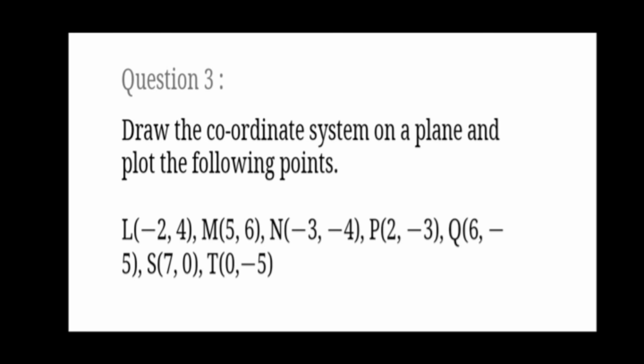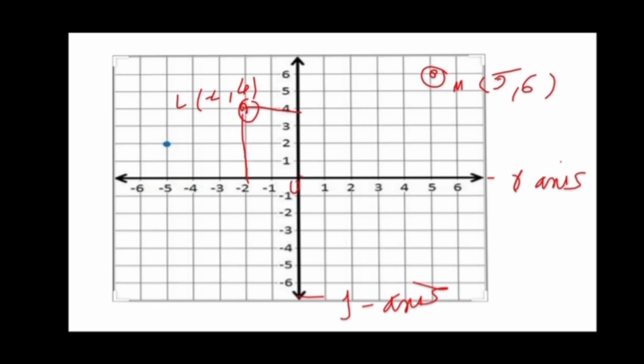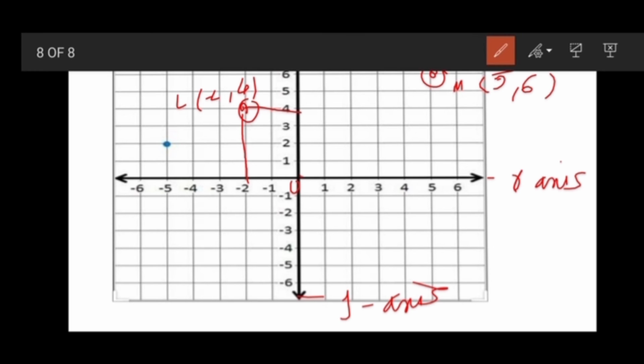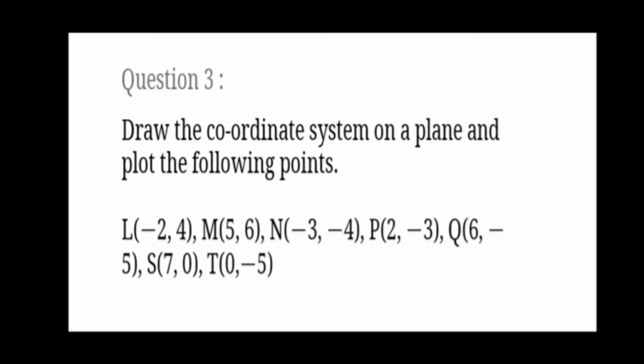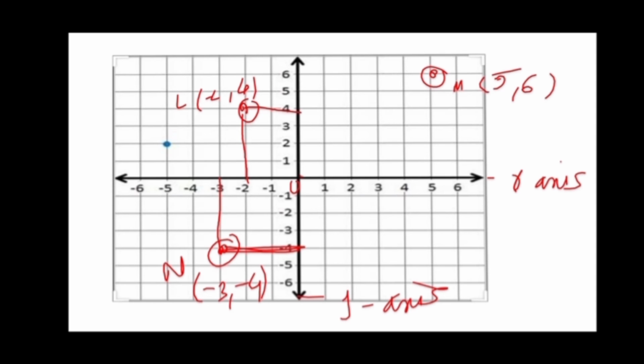Then take the third point, minus 3, minus 4, both are negative. See, means it must lie in the third quadrant. Minus 3, minus 4, here is on the x axis minus 3 and on the y axis minus 4 is here. Okay, so this point N will lie here, so that is minus 3, minus 4. Okay, and the next one is 2, minus 3.